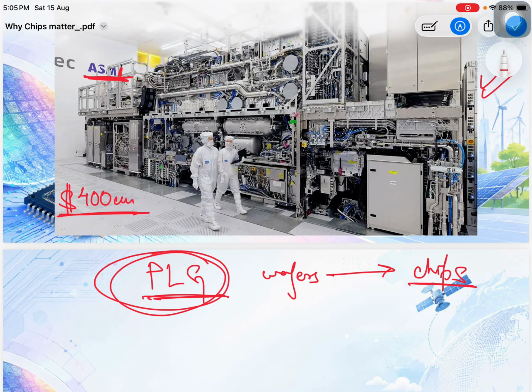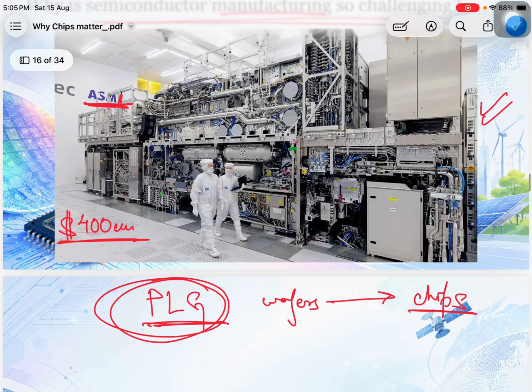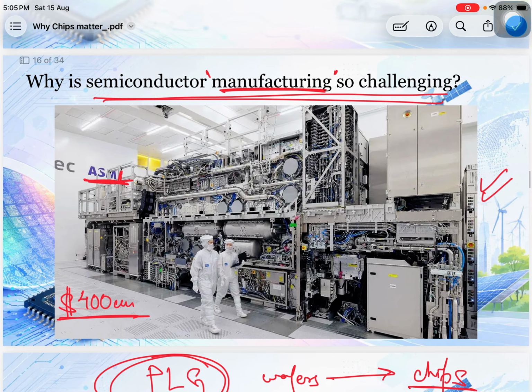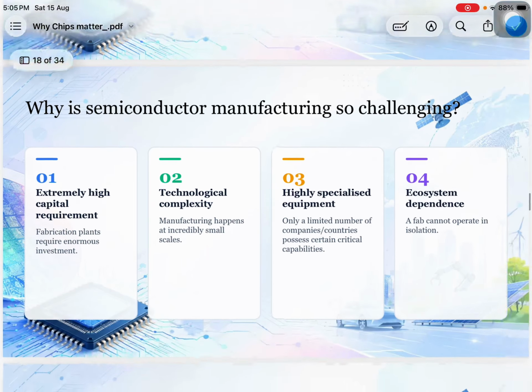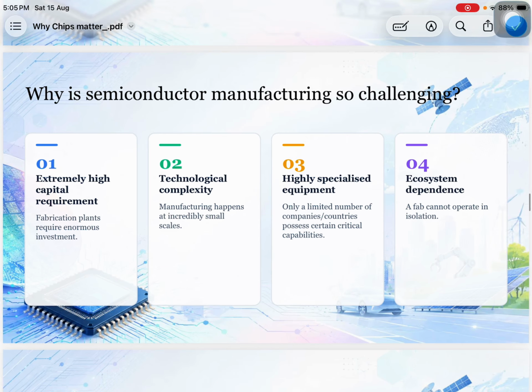This is the machine which performs it, and you can see the size of this machine, massively huge, and even the investment to begin the manufacturing of semiconductors is challenging at this level. We will be discussing a few points here, the main challenges.